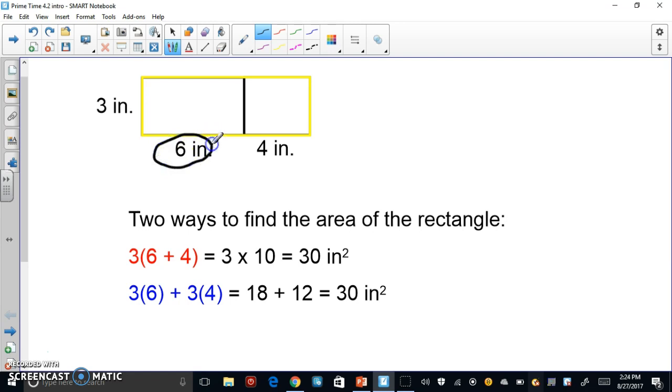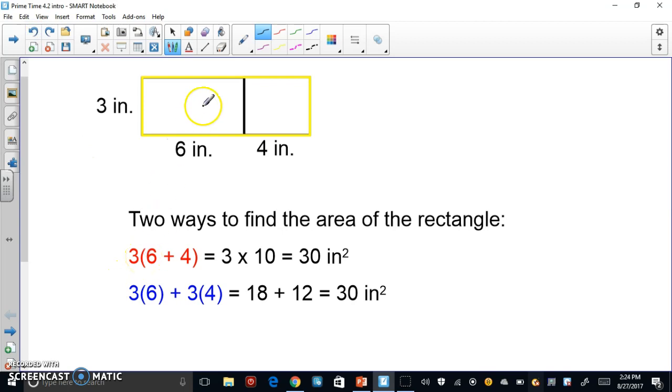So my 6 and my 4, we had to add that together to get 10. So my width was 3 and my length was 10 because we added 6 plus 4 together. So to find the area of the entire rectangle, we added the lengths together. So we got 3 times 10, which was 30. And that was probably the easiest way that most of you found area.